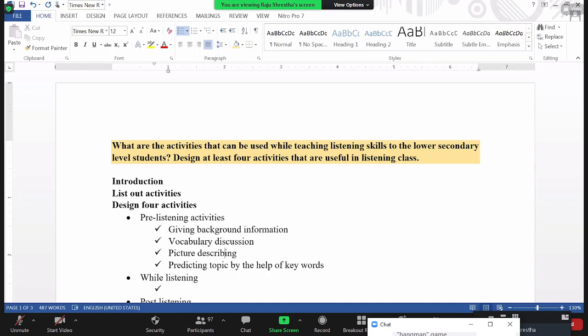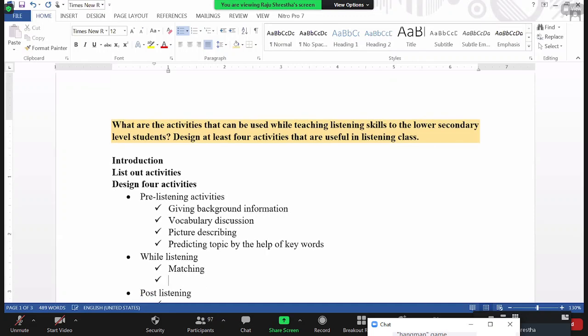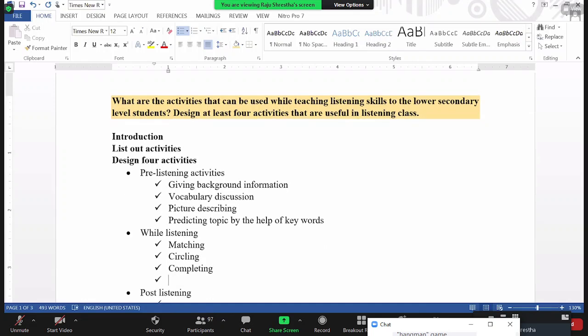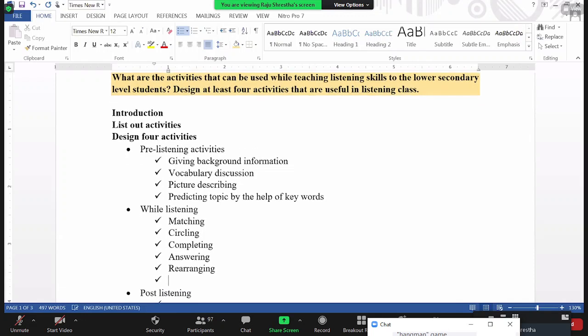We can use giving background information of the text, vocabulary discussion, picture describing, and predicting topics by the help of keywords. While listening means here, they can do matching, circling, completing, answering, rearranging, TF items.